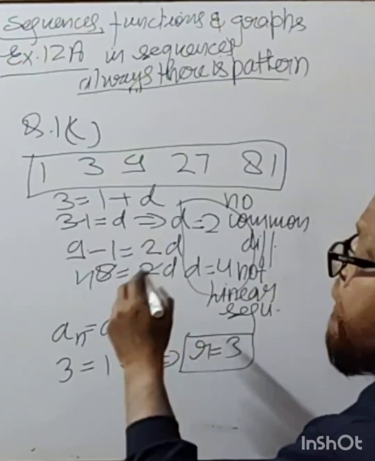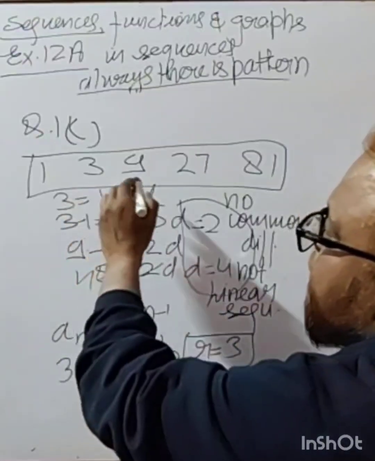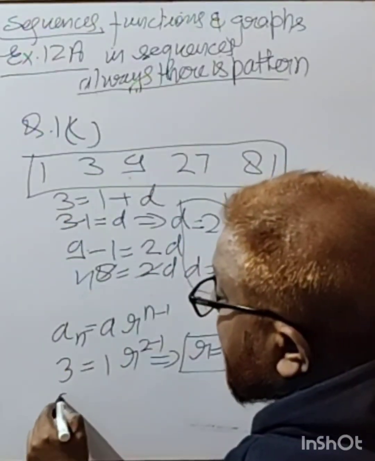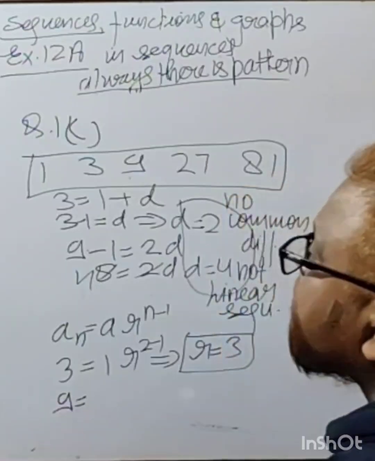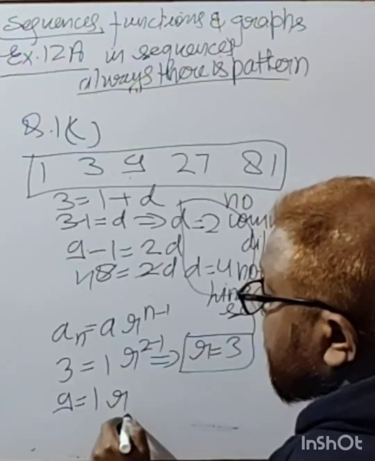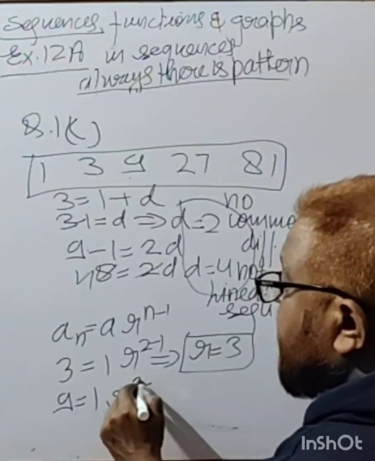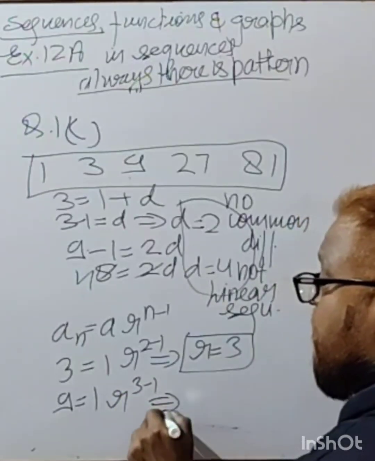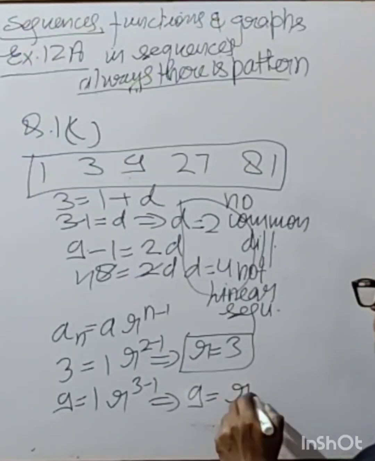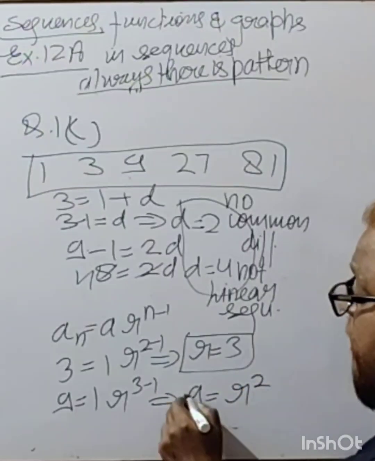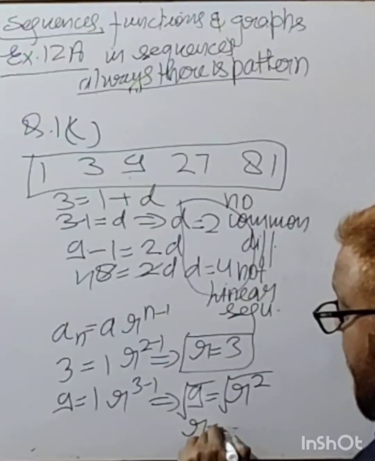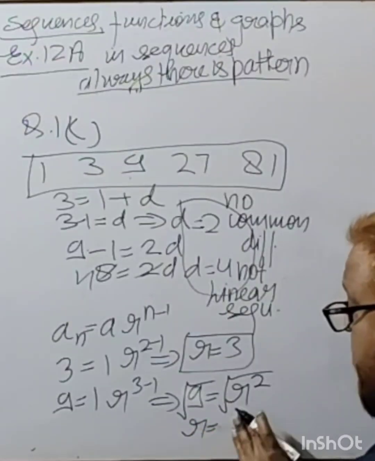If we take the third number, 9 is equal to 1 times r raised to 3 minus 1. It becomes 9 is equal to r squared. Taking root over both sides, we get r is equal to 3.